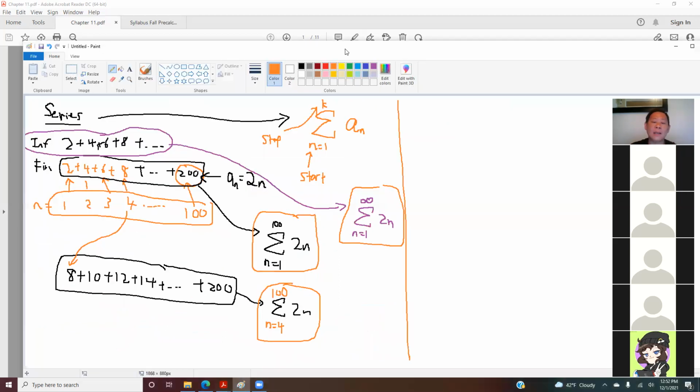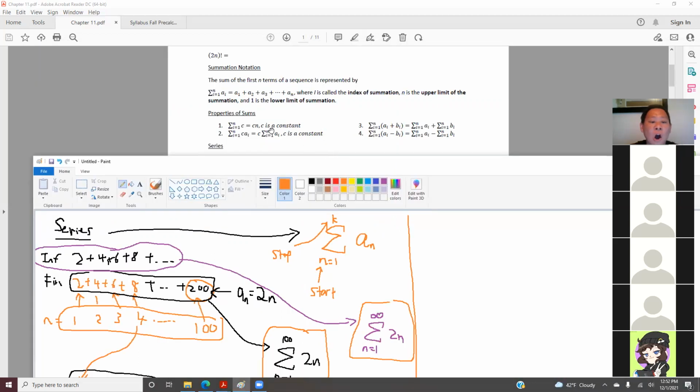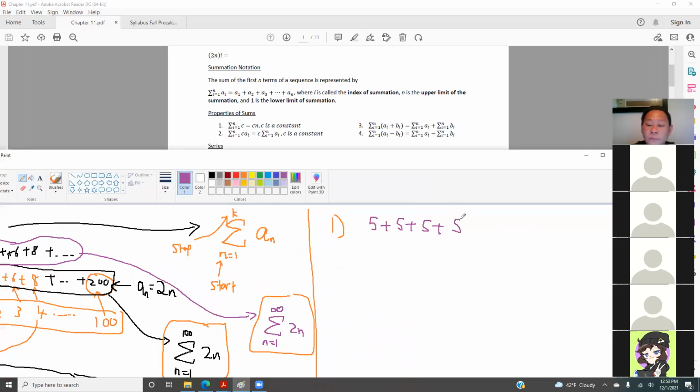What happens if you are adding a constant? So the first property of summation is when you add a constant. Adding a constant means you add the same number. So what happens when you add 5 plus 5 plus 5 plus 5 plus 5? Let's say you add it 100 times.